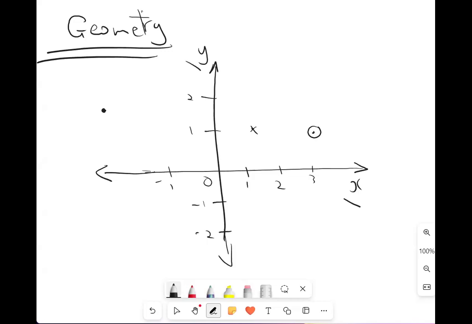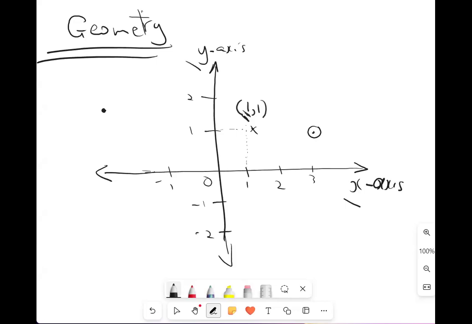And the coordinates maybe of this point here is 1, 1, right? This first number here is the X coordinate, meaning, what number does it correspond to on the X axis? This is the X axis. And what number does it correspond to on the Y axis? This is the Y axis.